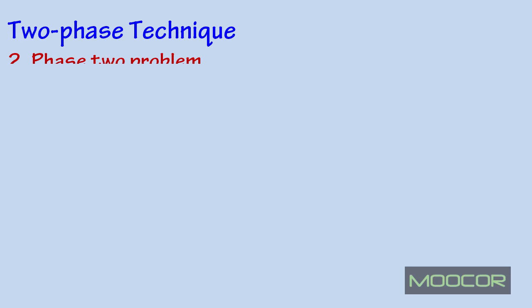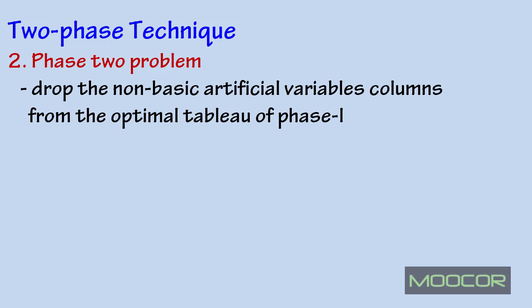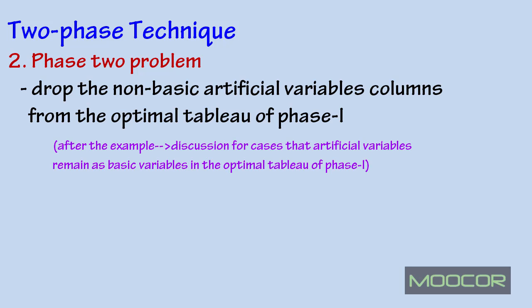The first thing that we do in phase 2 is to drop the non-basic artificial variable columns from the optimal tableau of phase 1. In case there is an artificial variable in the basis with the value of 0, there is a discussion about that at the end of this video.